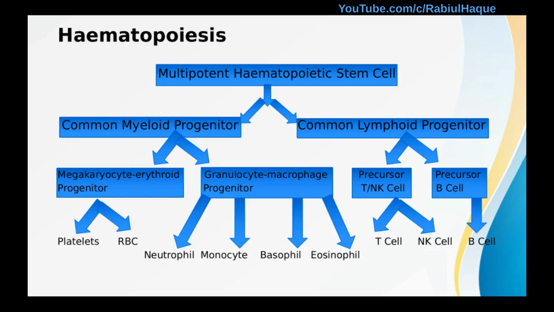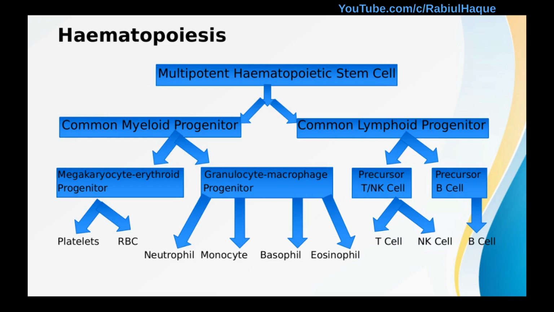So this slide is showing a simplified diagram that is denoting the steps involved in hematopoiesis. So at the top we can see the multipotent hematopoietic stem cells, and it all begins in those stem cells, and then the multipotent hematopoietic stem cells are differentiated into two lineages. Some of them will differentiate into common myeloid progenitor, while others will differentiate into common lymphoid progenitor.